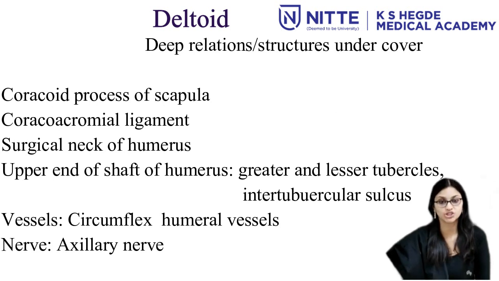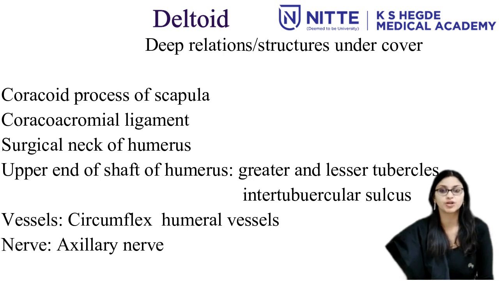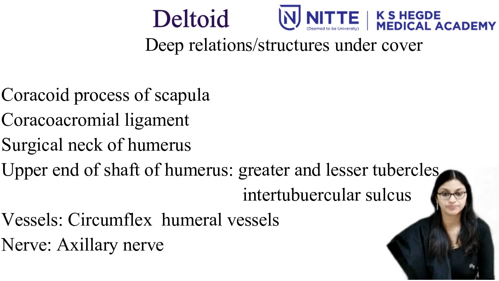Now about the deep relations, or we can also call it the structures under cover of the deltoid muscle. It contains the coracoid process of the scapula, the coracoacromial ligament, the surgical neck of humerus, the upper end of the shaft of humerus, the greater and lesser tubercles and the intertubercular sulcus, and all these parts belong to the upper end of the shaft of humerus. Vessels contain the circumflex humeral vessels.